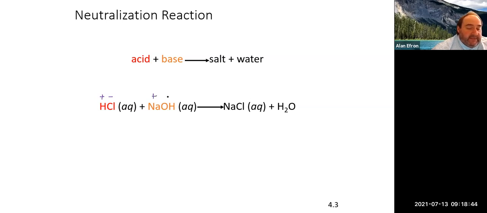Even though technically speaking, H and Cl are both nonmetals, acids behave like ionic compounds in a sense because they give away the H plus. So we can think of it as a positive and negative guy. Remember, for all acids, the cation is always H plus. So we think of it like an ionic compound, even though it's really nonmetals.